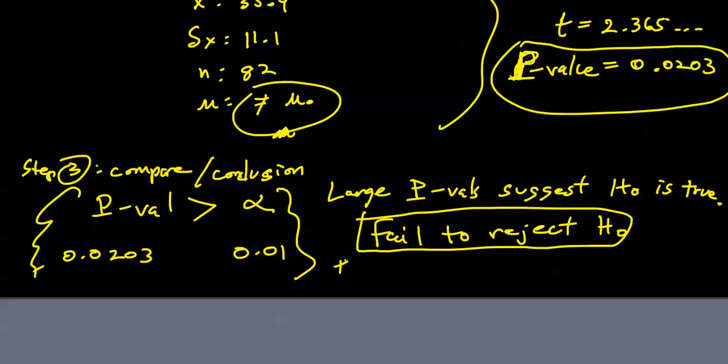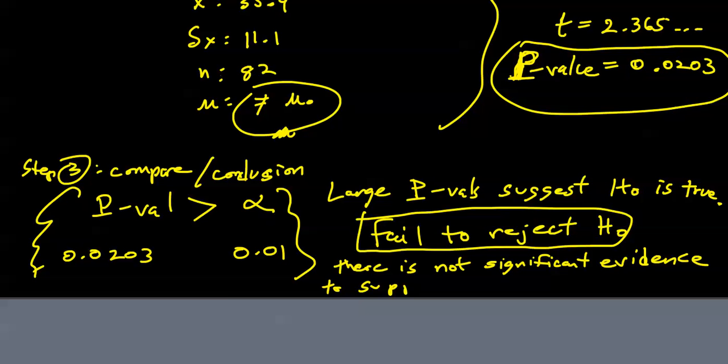If we interpret, there is not significant evidence to support rejecting H0. In other words, your sample data was weak, not statistically significant.